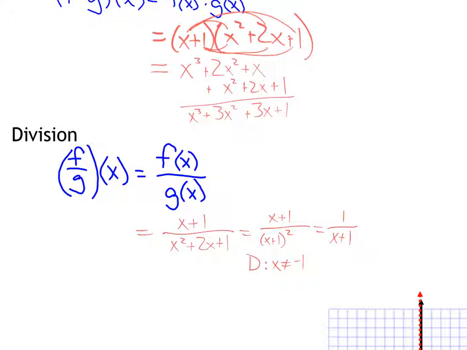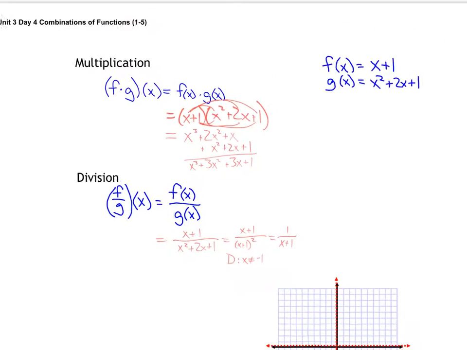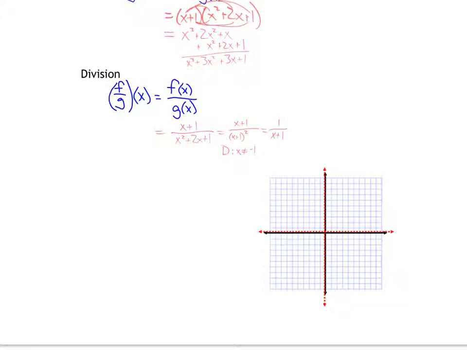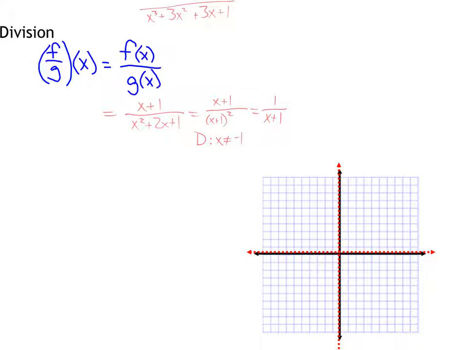Now, for a graph of this, notice these are the asymptotes as they would be. This is where it would be if it were the parent function. However, let me zoom in a little bit.